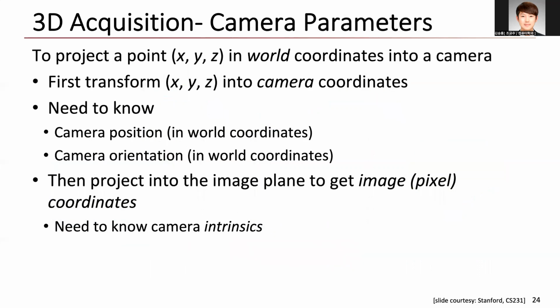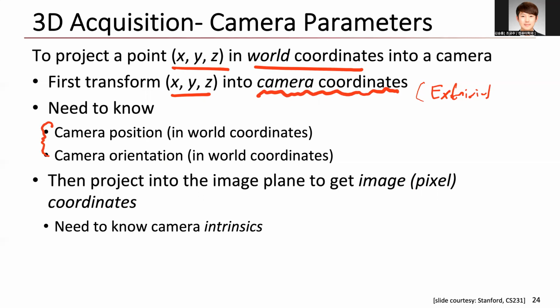In other words, to project the point x, y, z in the world coordinate into the camera, first transform the x, y, z into the camera coordinate by using the extrinsic parameter, so camera position and camera orientation, R and T. Then project into the image plane to get a pixel coordinate. Now in this case, we have to know the intrinsic parameter. Then this is the 3D acquisition process.